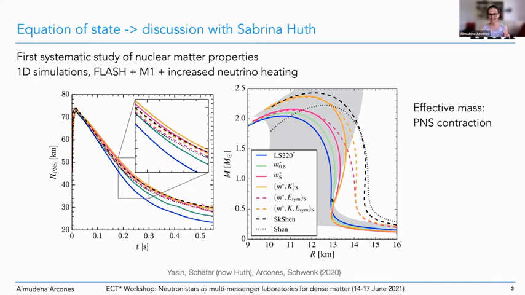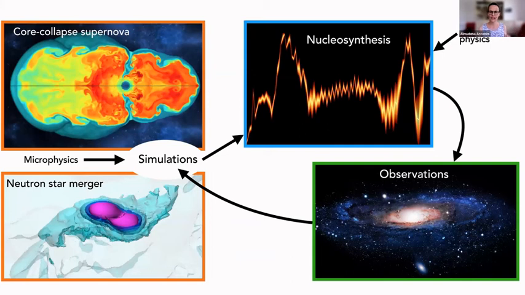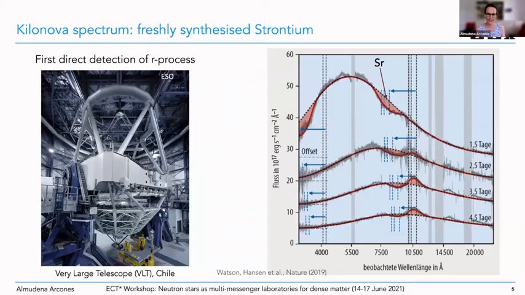But now, as I said, I want to change topic and talk about observations and how we can use them to constrain the simulations if we manage to reduce the nuclear physics uncertainties. One observation of the r-process that you have all probably seen is strontium.